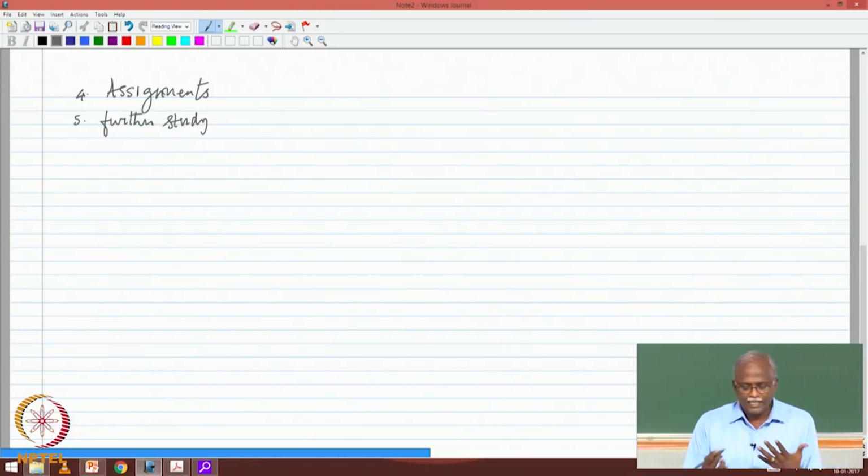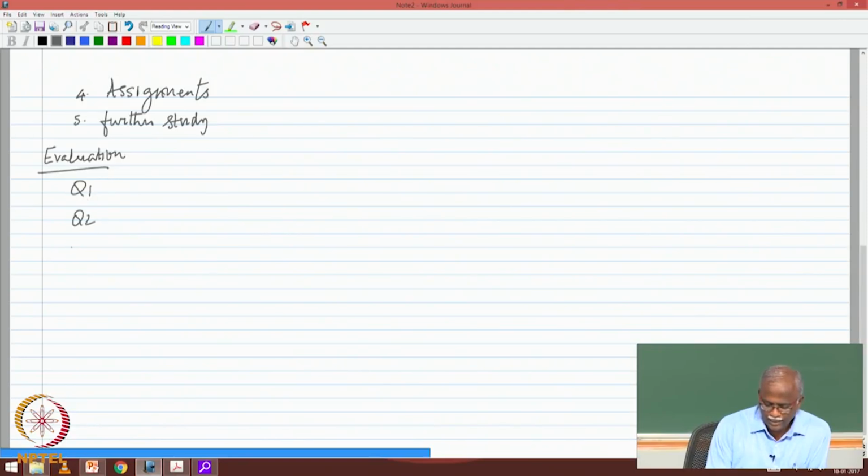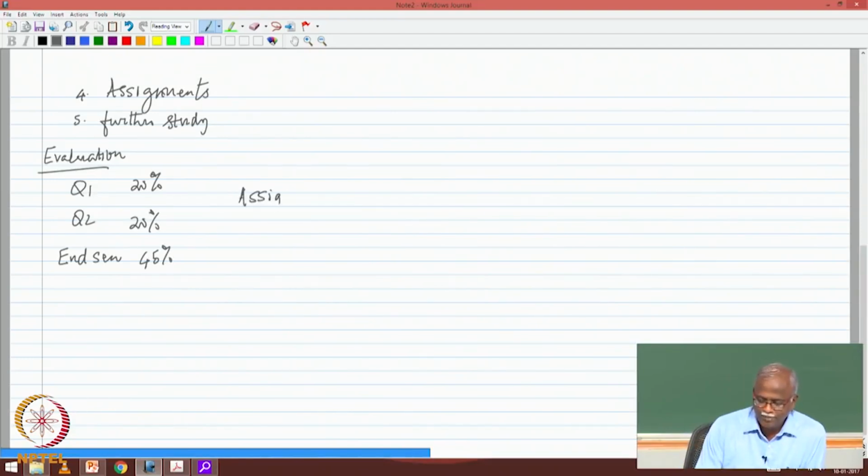Another element is it's a traditional course in the sense that the evaluation will be very much along the traditional aspects. We will have 2 quizzes, quiz 1, quiz 2, end semester exam. 20% for quiz 1, 20% for quiz 2, 45% for the end semester exam. Assignments, our course is very much assignment based.